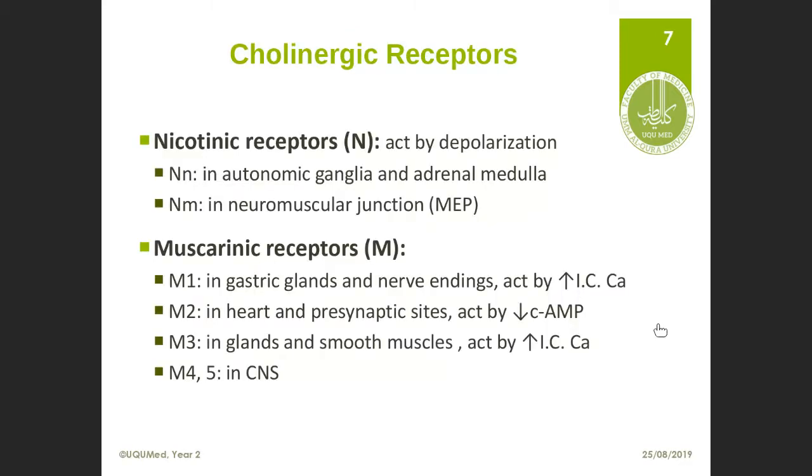When a neurotransmitter like acetylcholine binds to its receptor, either M1, M2, M3, or M4, it will not go inside to the target or effector organs. The effector organs have specific molecules which become activated or stimulated to produce the pharmacological effects.